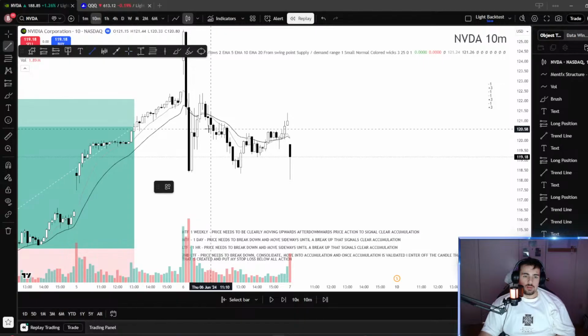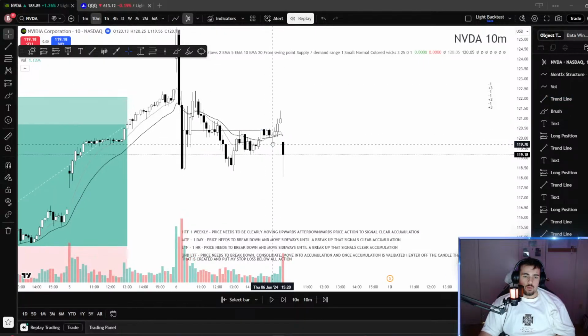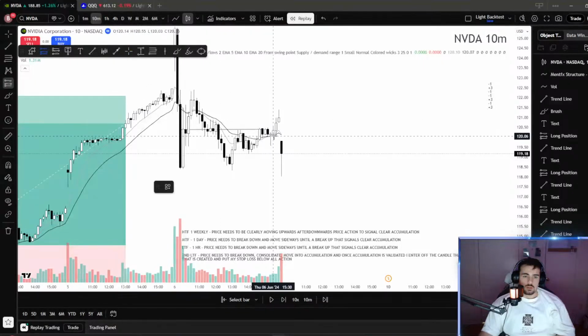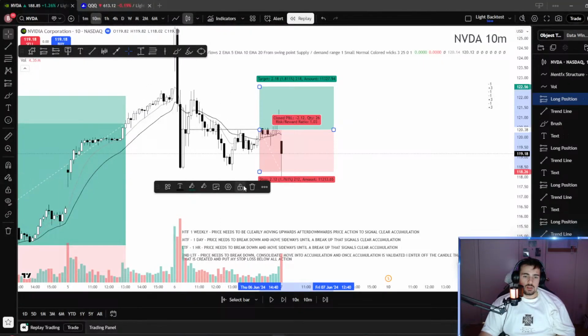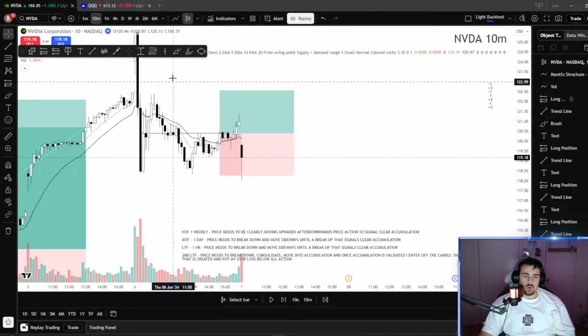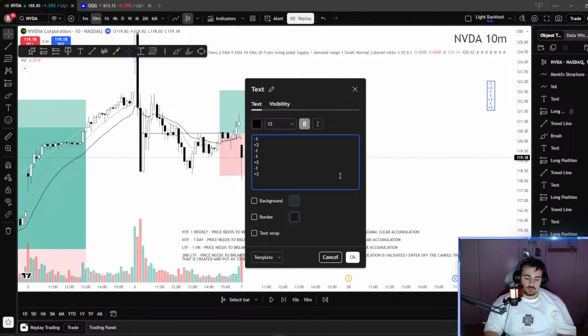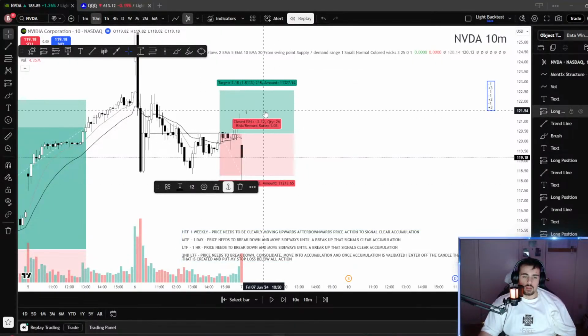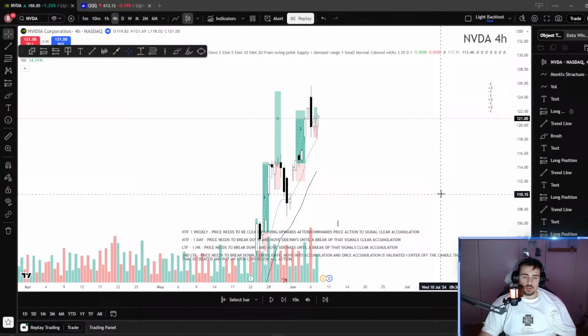But if you want to play the game of let's just take the entry because we don't have more refined rules to stay out of something like this, then this would be the entry, and then it would just end up in a -1. So I'll add that, even though this pullback was literally screaming at me that it wanted to just chop around. Like, that was a super ugly pullback.